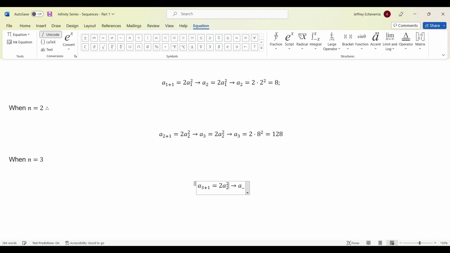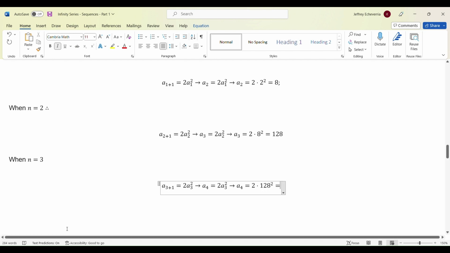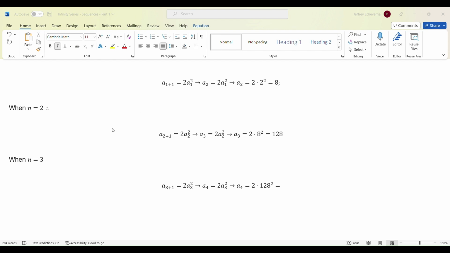Ah, there it goes. 3. Sorry about that. So we will have now a sub 4 equals 2 a sub 3 squared, which gives us a sub 4 equals 2 c dot 128 squared, times by 2, it'll be 32,768. So let's type that in.